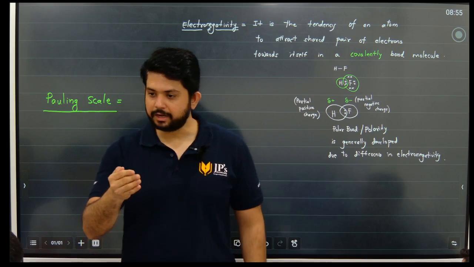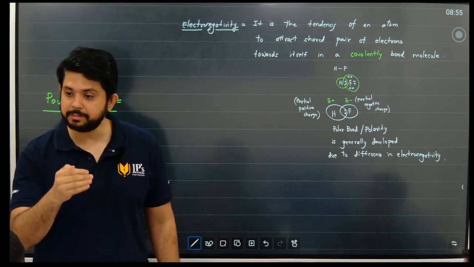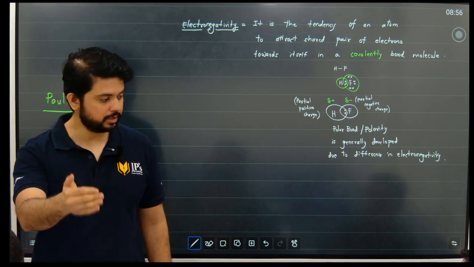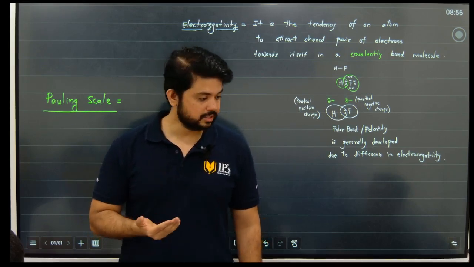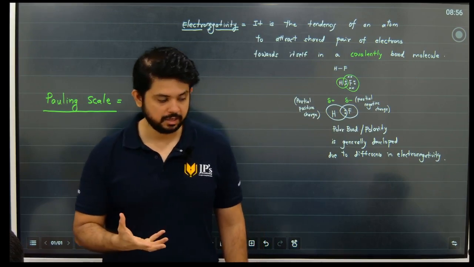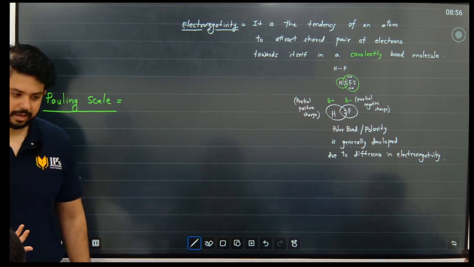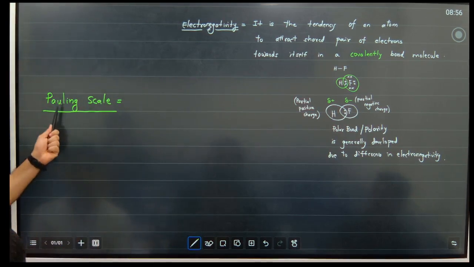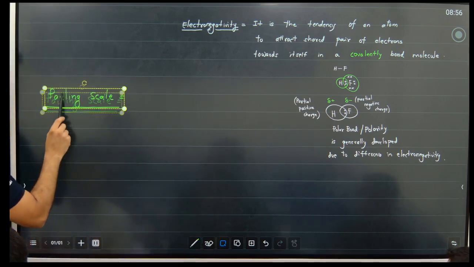Just like electron affinity हमने measure किया था या electron gain enthalpy measure किया था in terms of kilojoules, kilocalories, electron volts के term में. Just like ionization enthalpy was measured in terms of heat or in terms of energy, electronegativity measure करने के लिए एक unit बनाया गया and that was given by Pauling, जिसको हम बोलते हैं Pauling scale. ठीक है? Now, पहले Pauling scale का formula लिखते हैं.